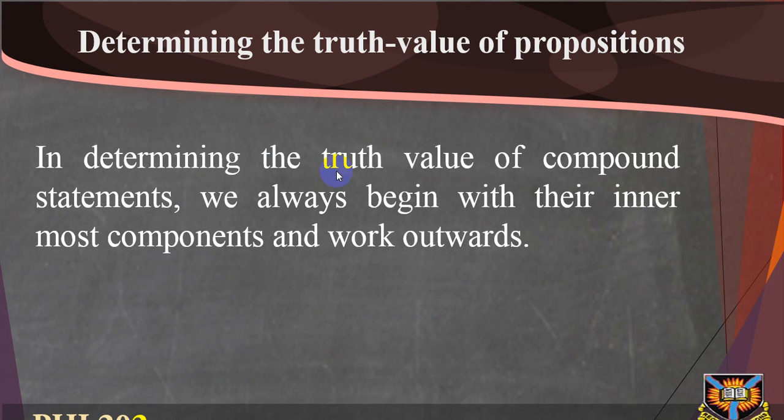In determining the truth value of compound statements, we always begin with their innermost components and work outwards. For example, let us assume that the statements represented by A and B in the following expressions are true, while those represented by X and Y are false. On the basis of this information and following our knowledge of the truth conditions of logical connectives, let us determine which of them are true and which of them are false.